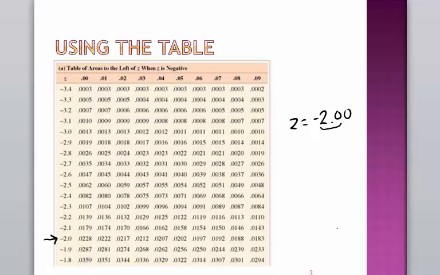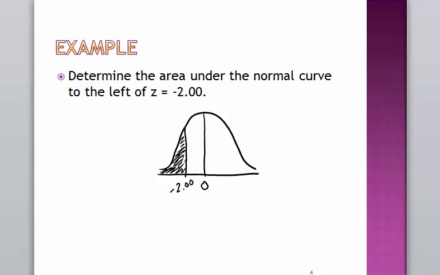There's the negative 2.0. The last digit is the hundredths place, which will be across the top. And because it's 0, we're going to be in this first column. So we'll intersect that row and that column, and that gives us an area of 0.0228. And so we're going to go back to our example. 0.0228 will be our area, and that will be our answer for the first part of this example.